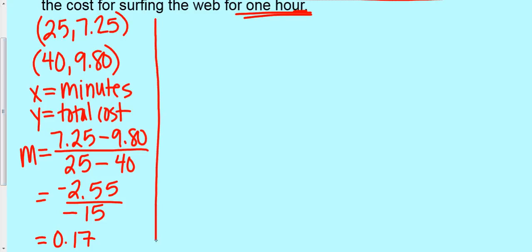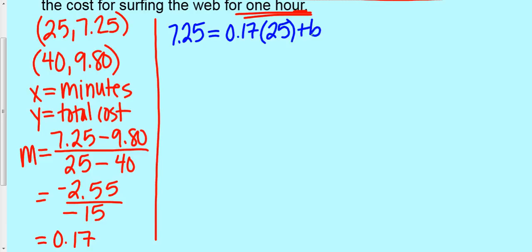The next thing I'm going to do is make my substitutions. I'm going to pick one of those points, so I'm going to use my first one, $7.25, and substitute that in for y. My slope, we said, is 17 cents, and I'm going to multiply that by 25. And we're going to solve for b.